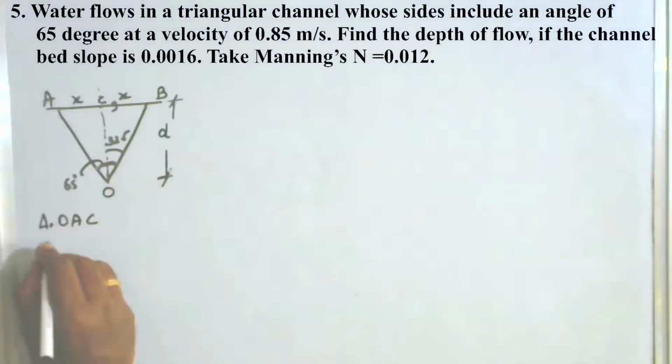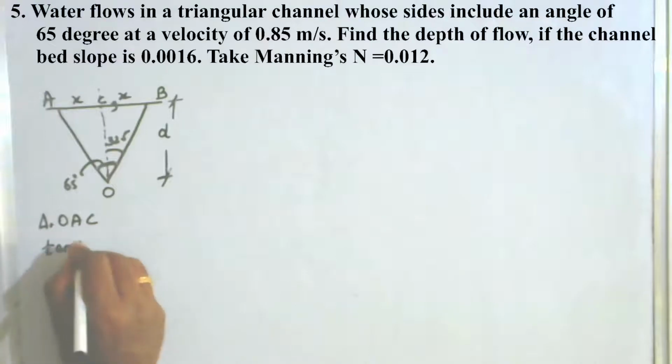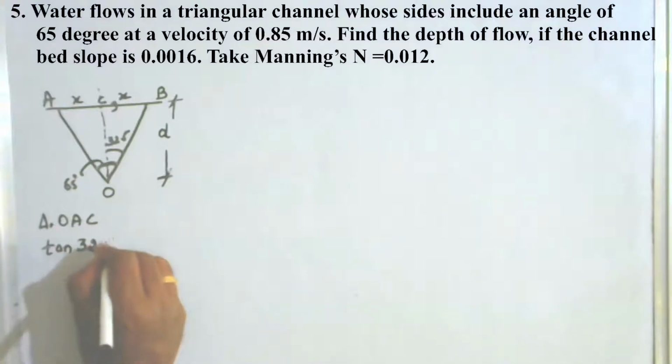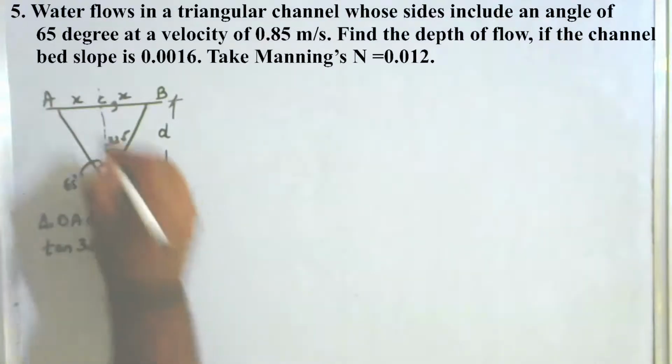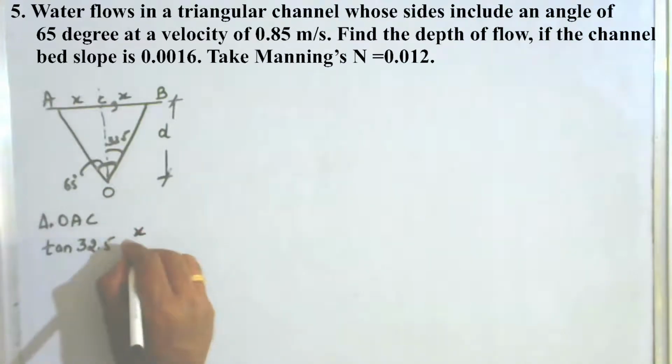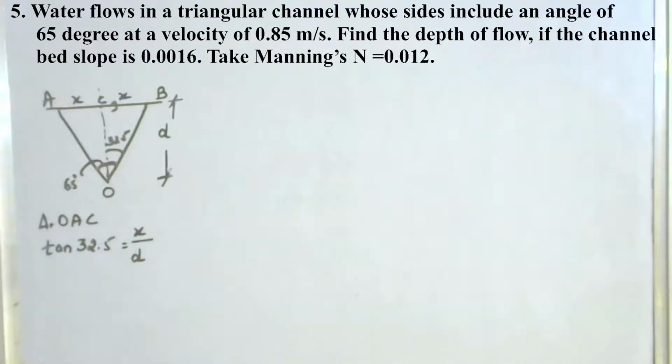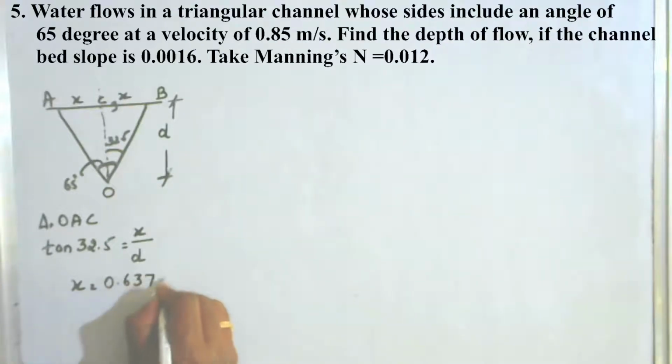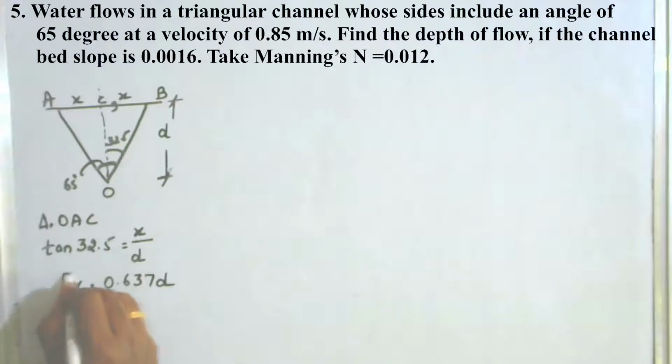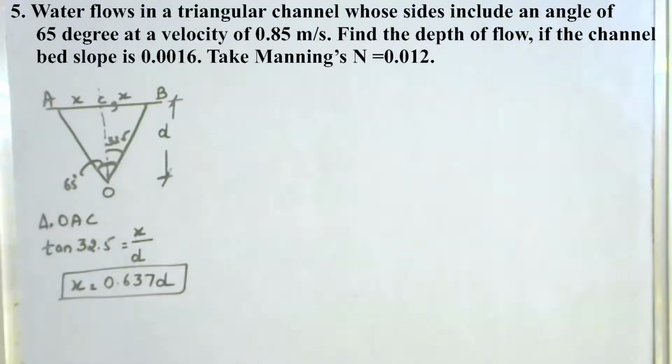All right. So tan 32.5 is equal to opposite side X divided by adjacent side D. Therefore X is equal to tan 32.5 into D, which works out to be 0.637 times D.